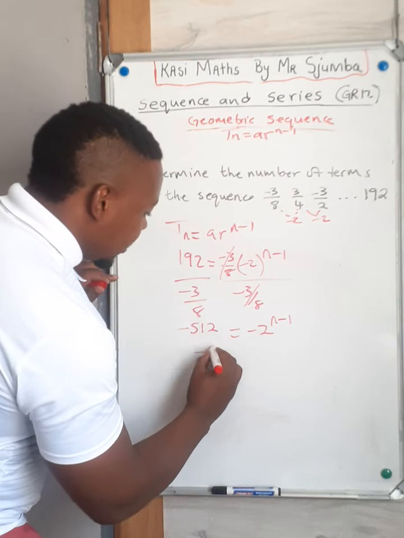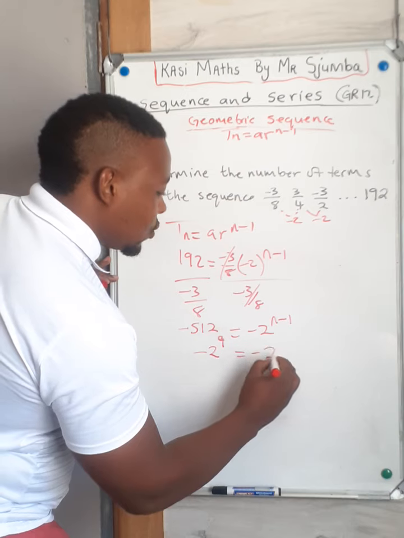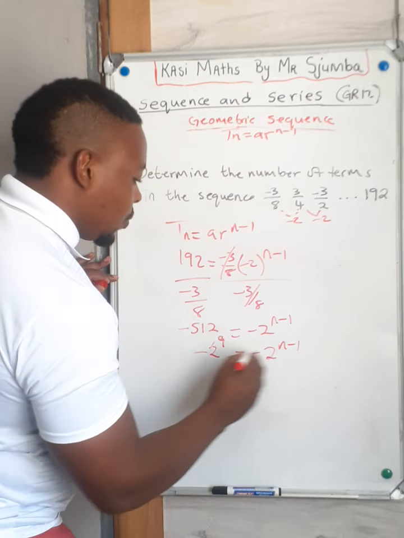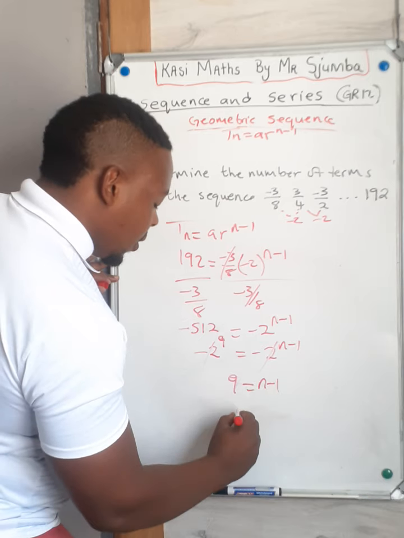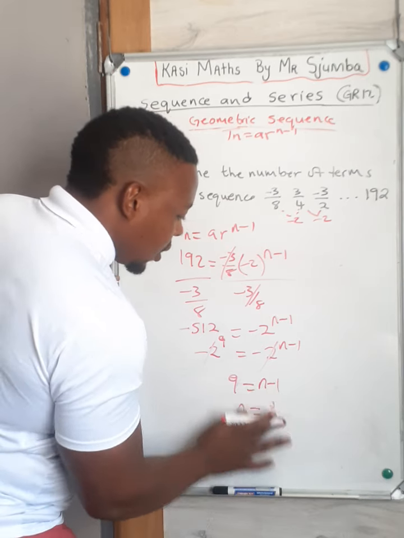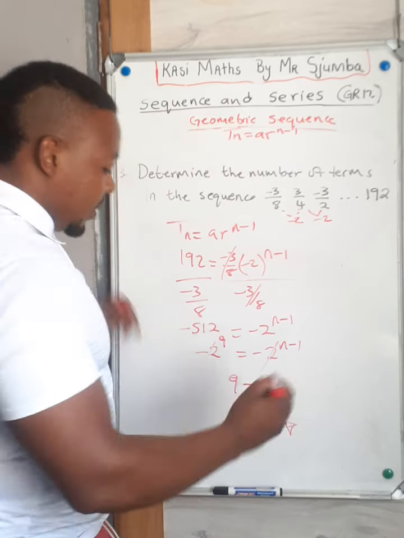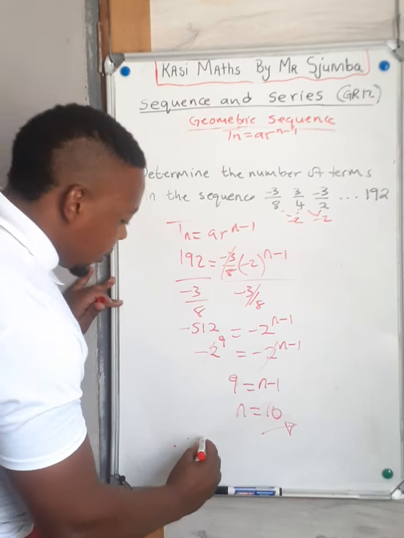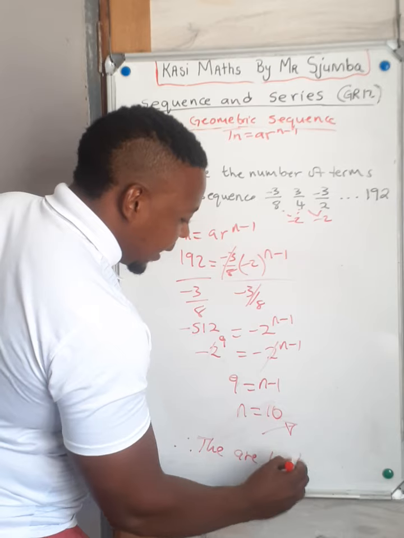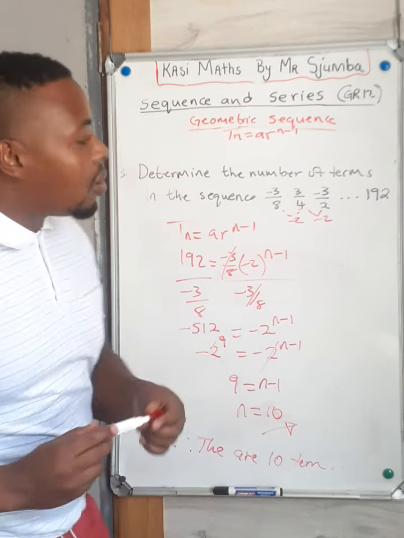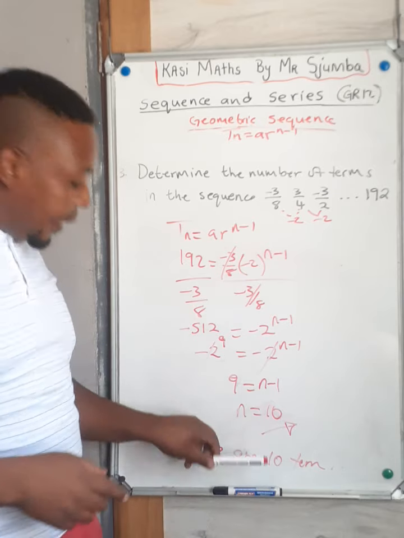So it's going to be negative 2 raised to 9 equals negative 2 raised to n minus 1. Then we drop the bases: 9 is equal to n minus 1. n is equal to 10. So meaning, we can say therefore there are 10 terms, because the position of the last term is 10.